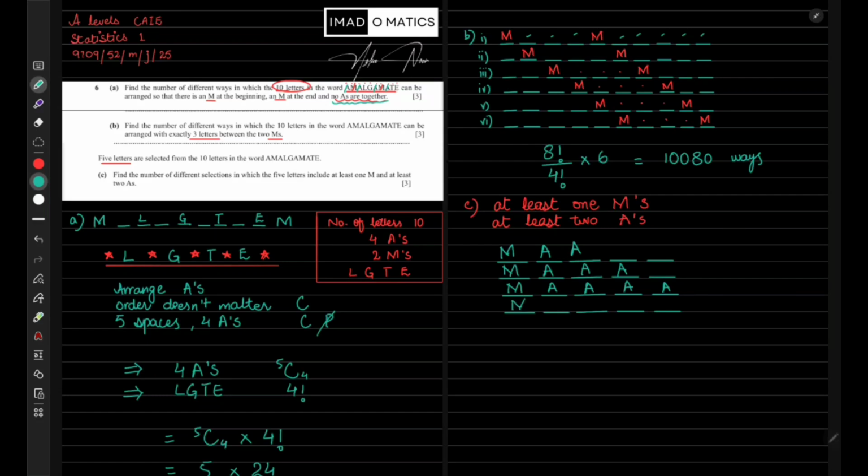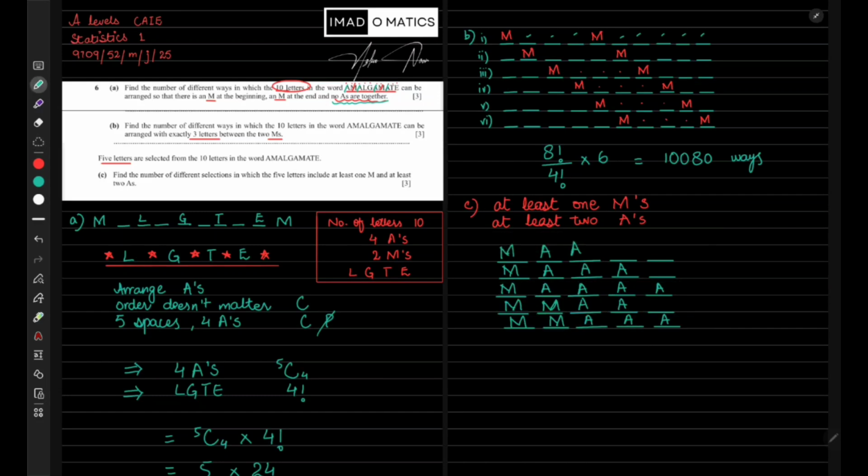With 2 M's you can have at least 2 A's, and with 2 M's you could have 3 A's. There is not much space, so we can't consider any further scenario. We have only 5 spaces to deal with.